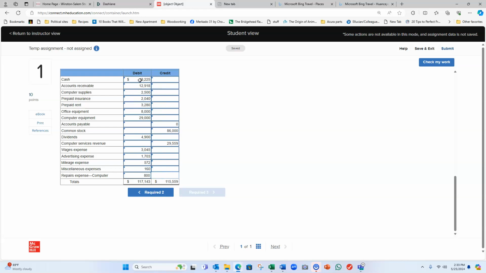Let me just make sure. All these are debits. Credit, credit, debit, credit, debit, debit, debit, debit. I'm going to check my numbers. That's all I can do. So I'm going to pause a second. I'll go back and check my numbers, and we'll see what we find.